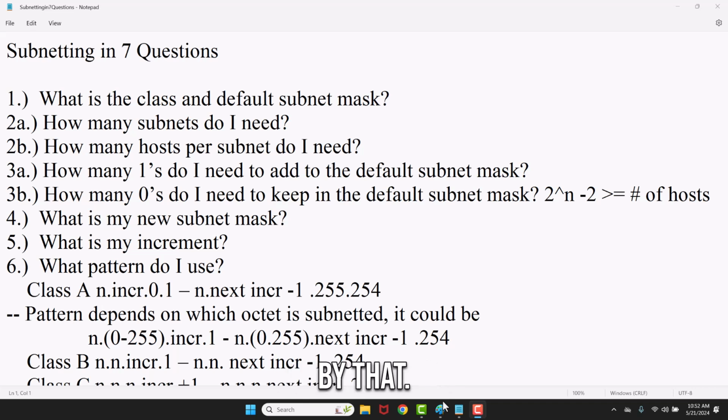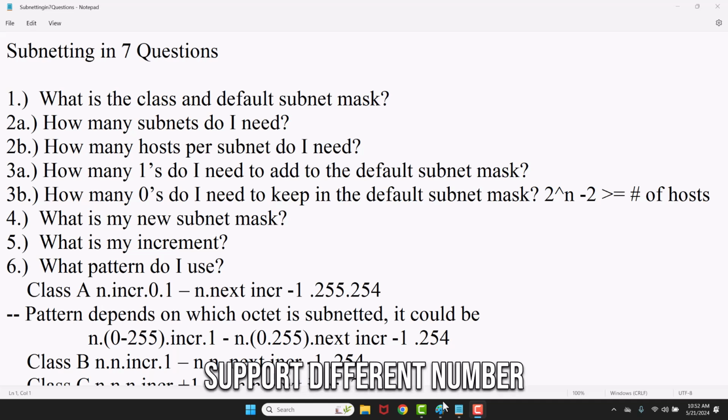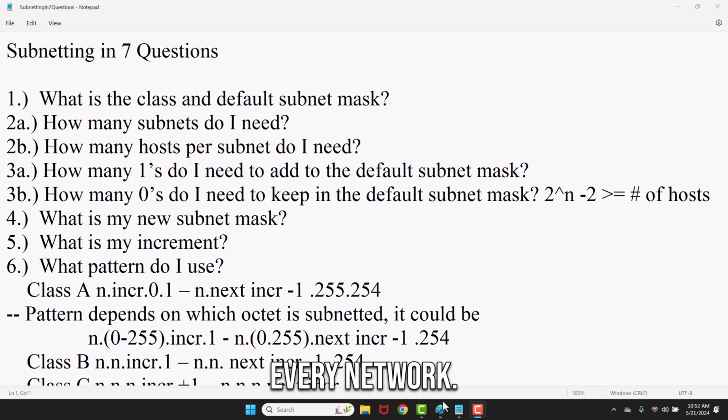If you're taking the Network Plus test, you will have questions on variable length subnet mask and the CIDR notation needed to support different numbers of hosts on every network. However, that's as far as it goes. They only want you to go to question number 4: what mask will support this number of hosts? So I will show you that.